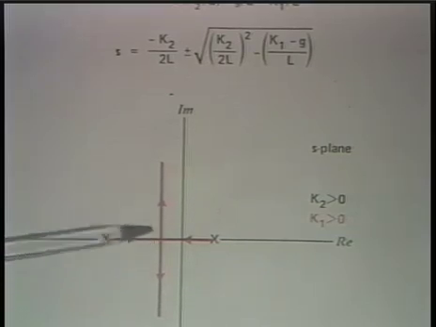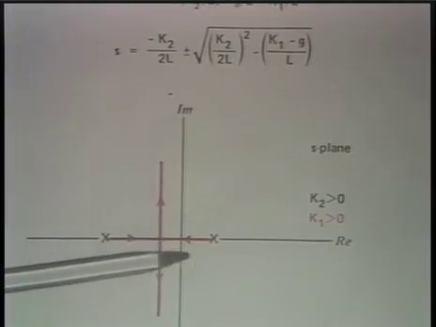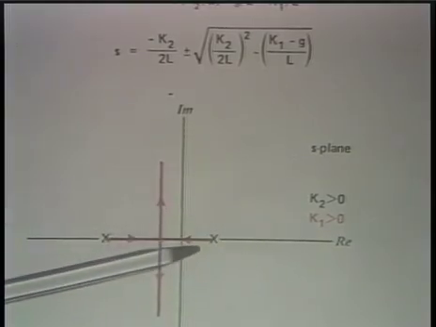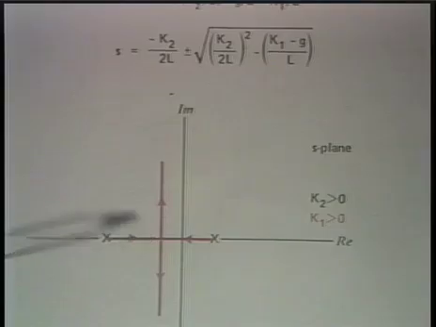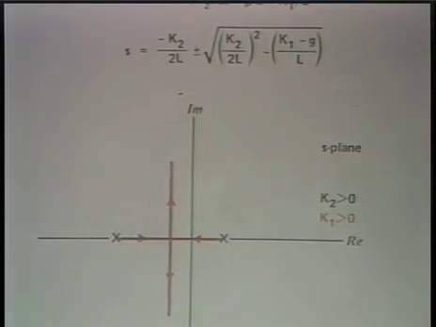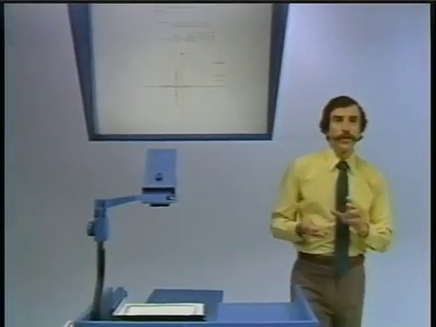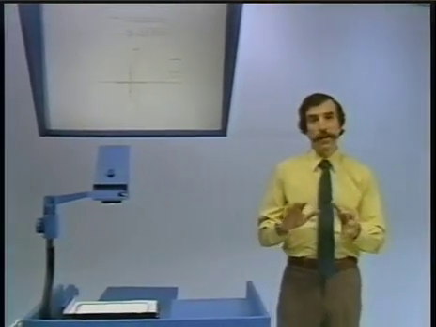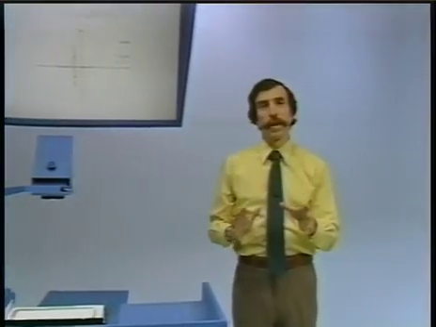As long as we've made k1 large enough so that this pole moves into the left half plane, it represents a stable system. So what we've seen is that proportional feedback by itself or derivative feedback by itself won't stabilize the system, whereas with the right choice of feedback constants, proportional plus derivative feedback will. We saw that by examining the root locus in the S-plane.